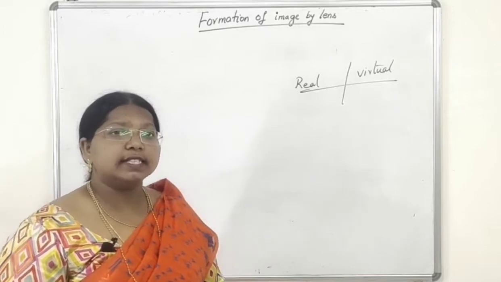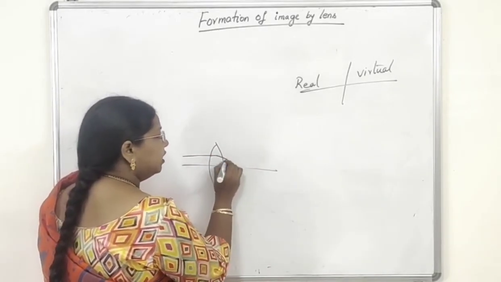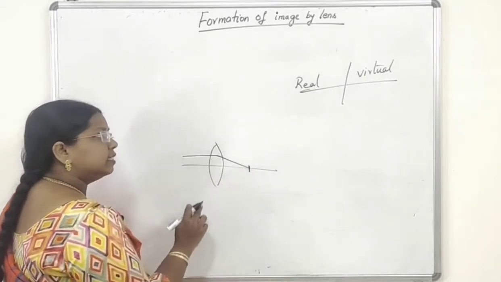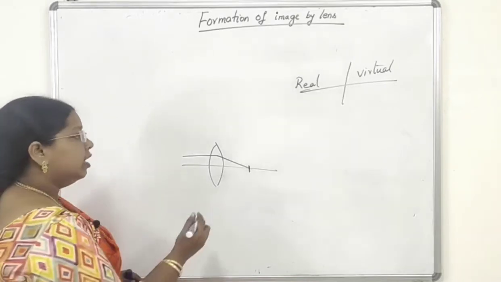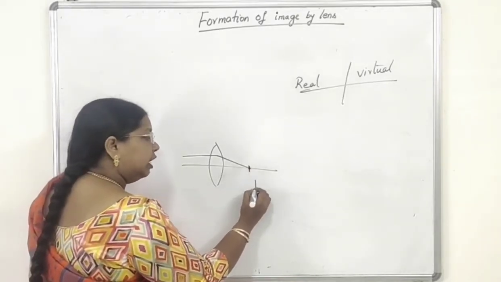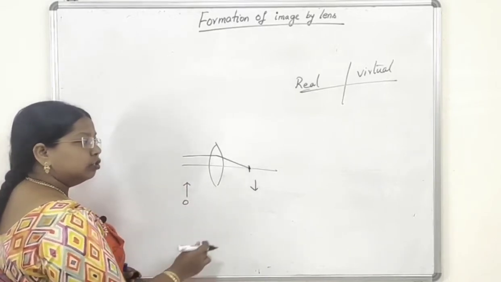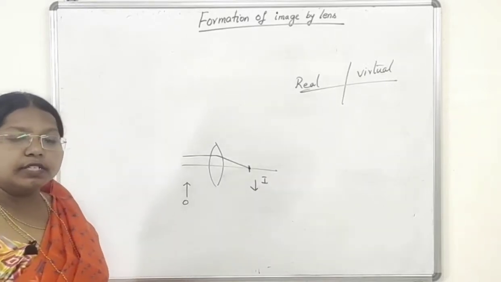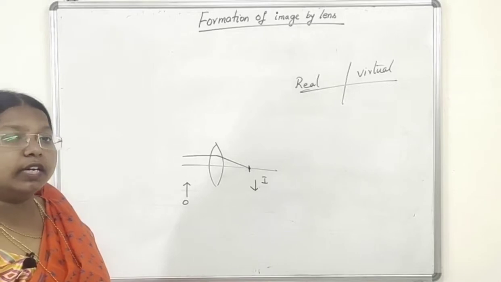We saw in the convex lens, they are really meeting at this point, so in the case of convex lens, we will get the real image. Suppose the object is like this, the image will be inverted. Okay, students, all the real images are inverted.